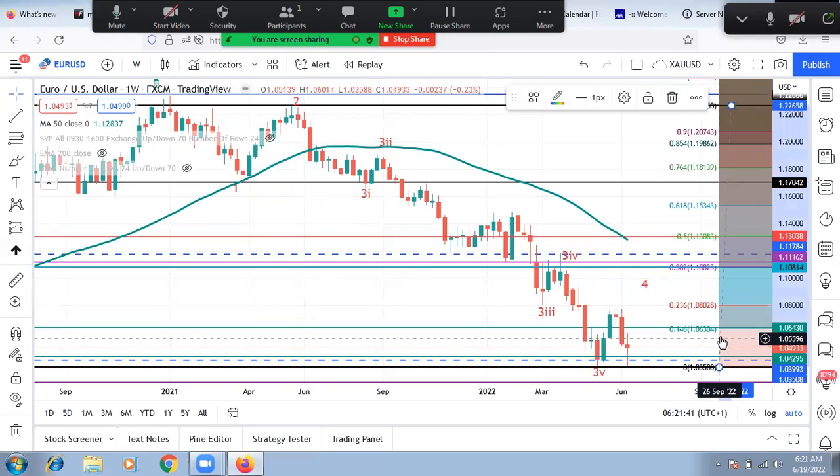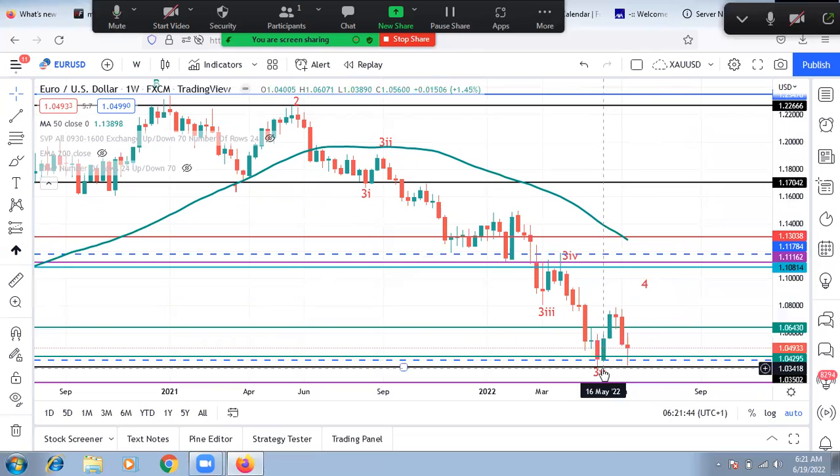Taking this as the end of 3-5 and beginning of 2. Now, also end of 2 here, and end of 3-5 here. So we have 38 and we have 50. So always target 38.2. Now, things can change. Why would things change? This level can change.